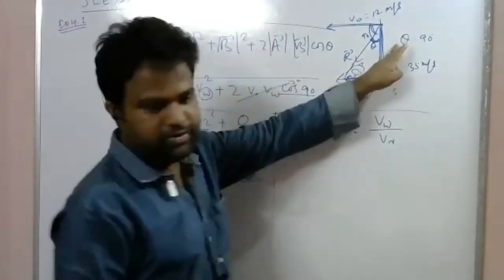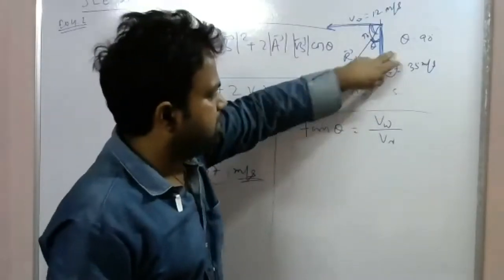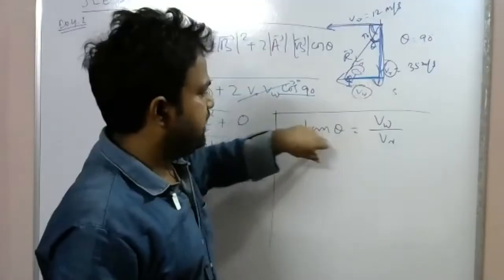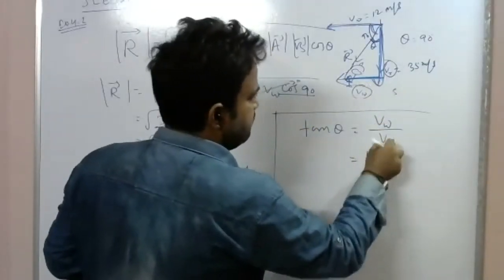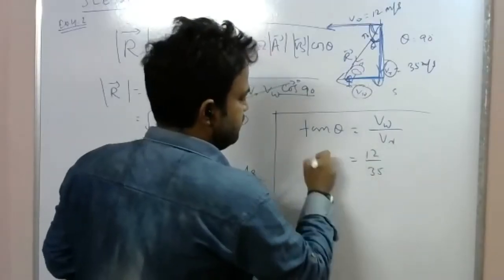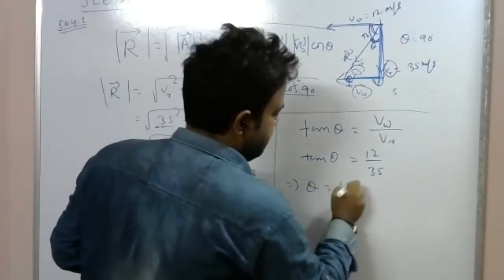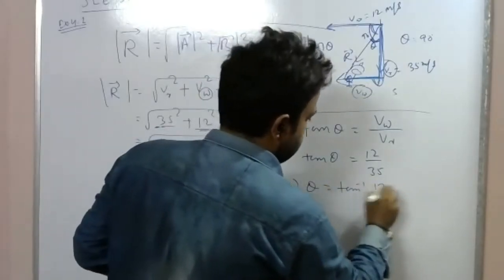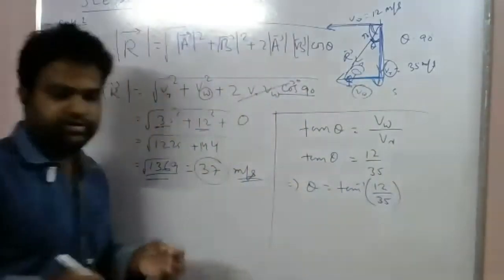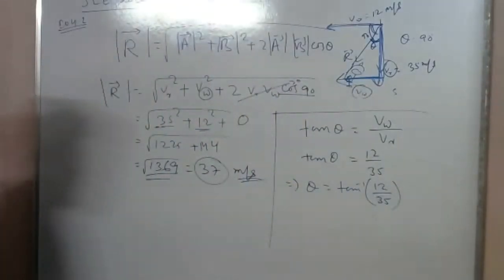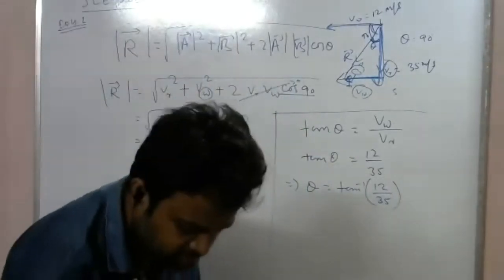Tan theta is P by B. This is theta, so P will be this one. So P upon B is tan theta, right? V wind is 12, V rain is 35. So how will you calculate the theta angle? Theta will be tan inverse 12 by 35. I am not calculating it, you can calculate with your calculator.